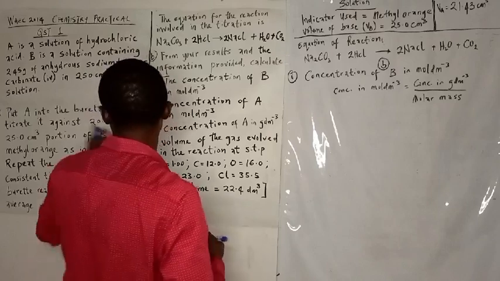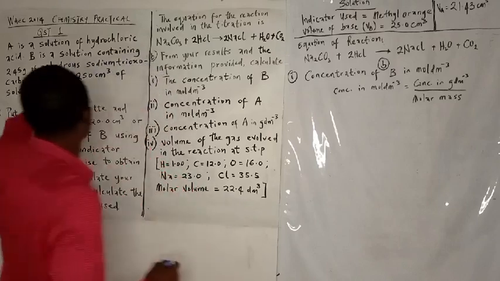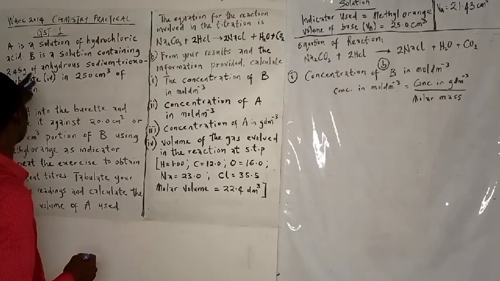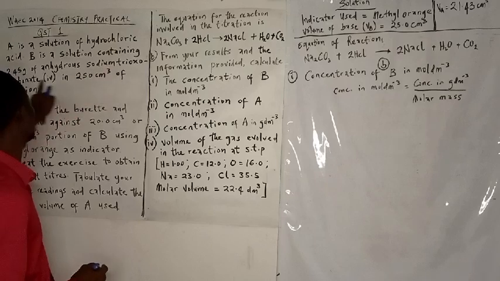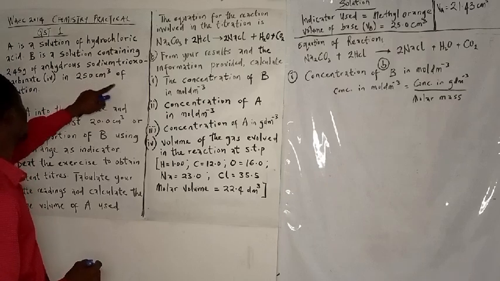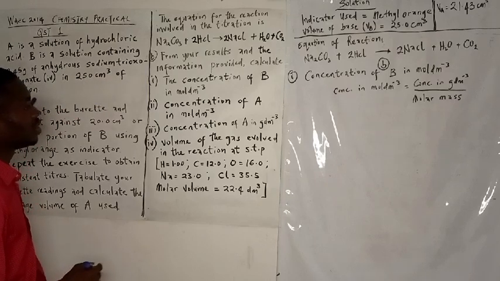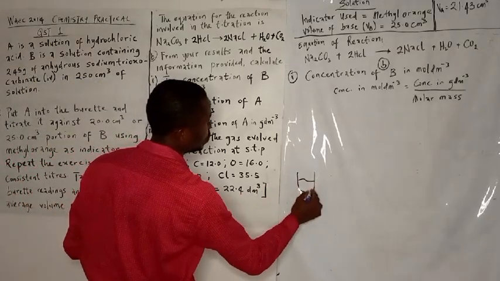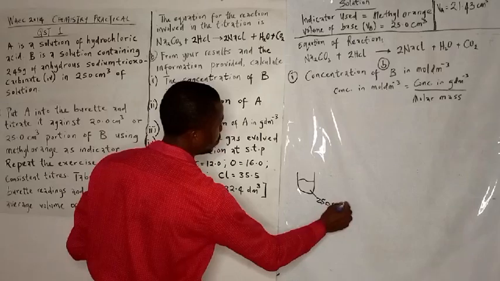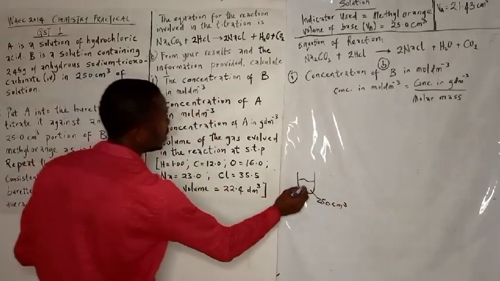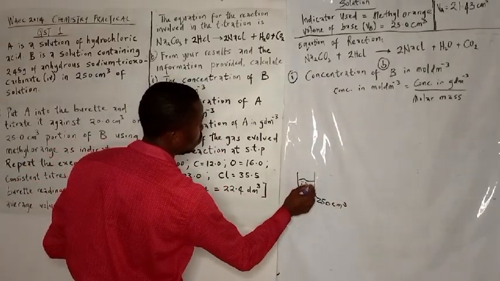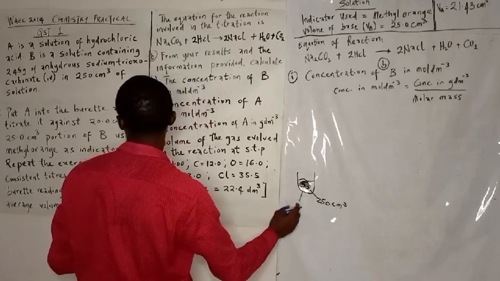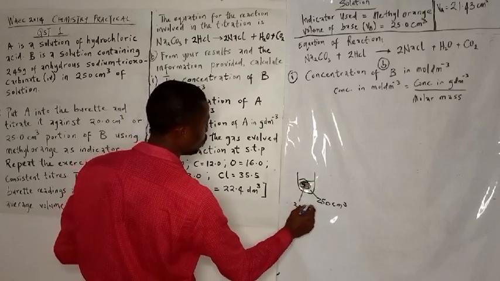The question says B is a solution containing 2.45 grams of anhydrous sodium trihydrocarbonate 4 in 250 cm cube of solution. What this means is that you have 250 cm cube, that's the volume of solution, and inside you have B, and the mass of B inside this 250 is 2.45 grams.